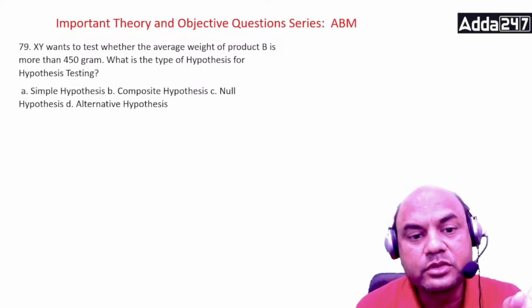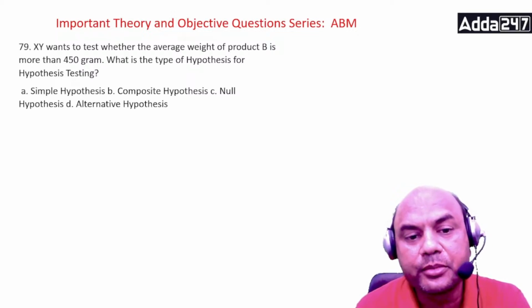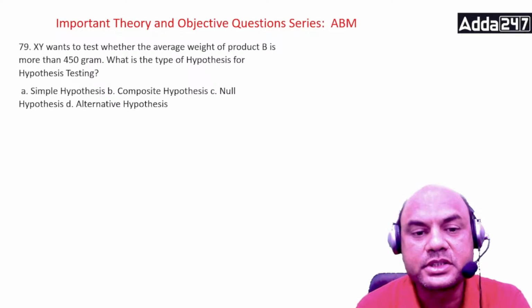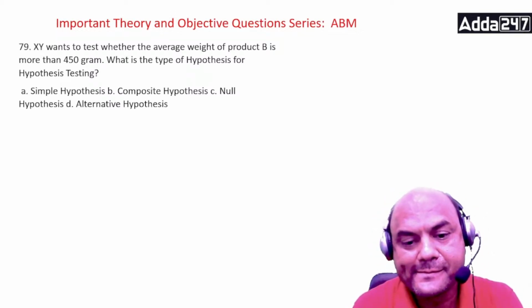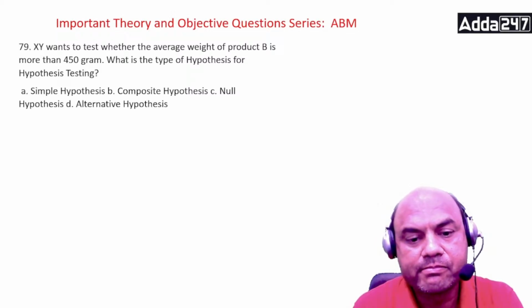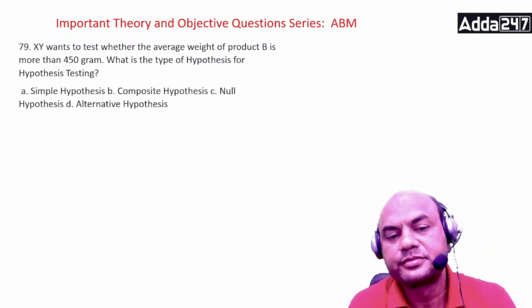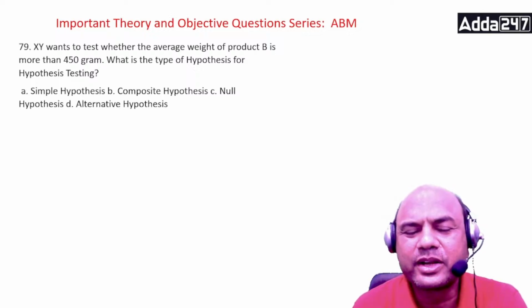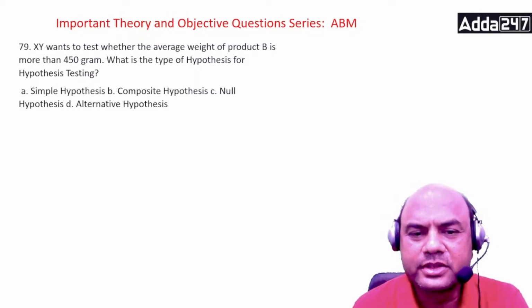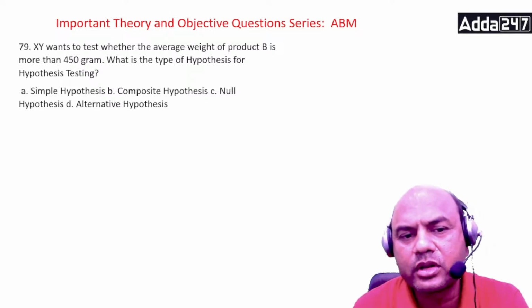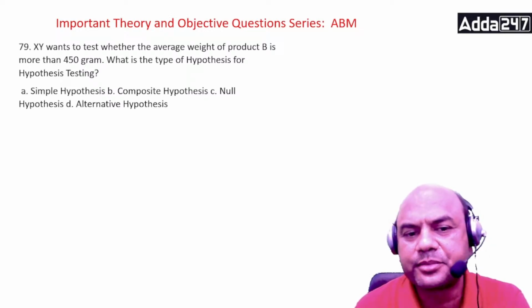Simple hypothesis, composite hypothesis, null hypothesis, or alternative hypothesis. Now it's a difficult one. Even I understand it's a bit difficult, because generally we don't encounter these types of problems.